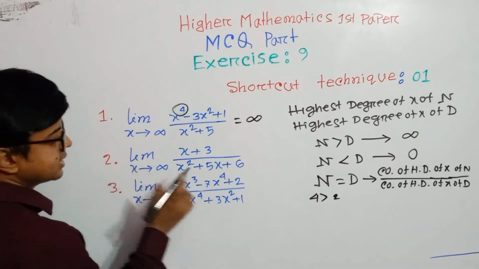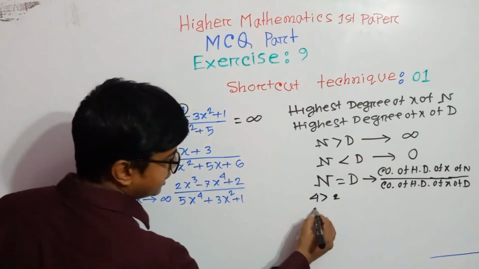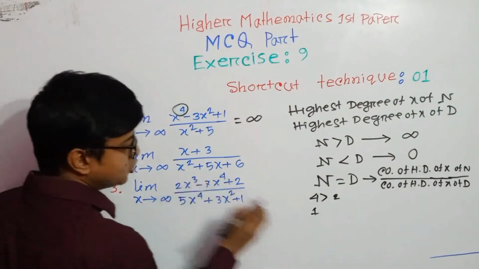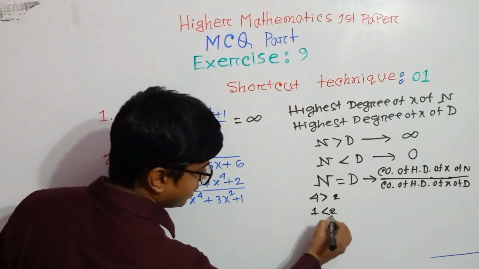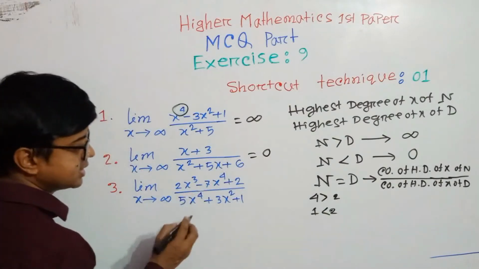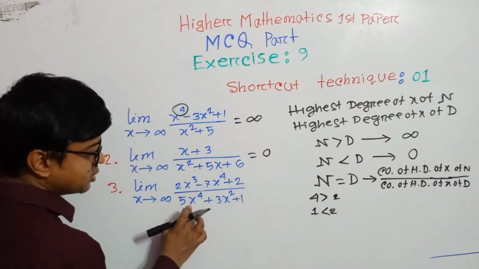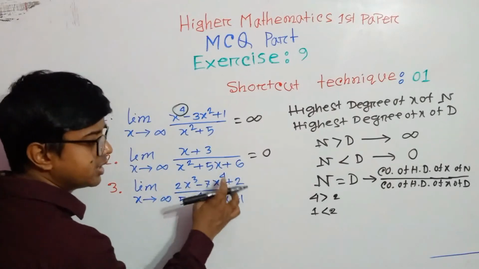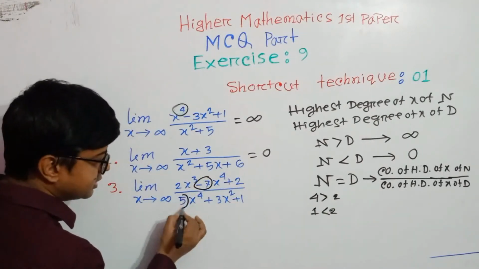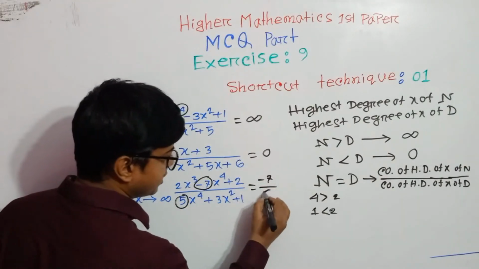And the second question: the highest power of x in the numerator is 1, and in the denominator is 2, so 1 is less than 2, so our answer will be 0. And here, the highest powers are equal, so our answer will be this one by this one. Here our answer is minus 7 by 5.